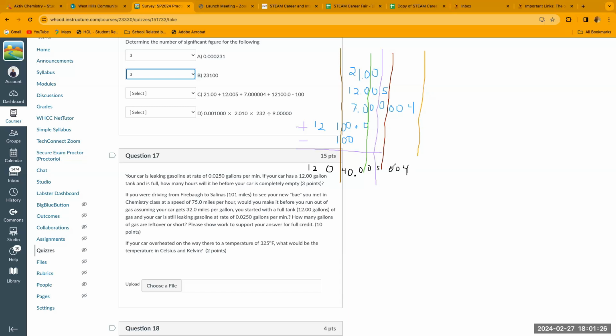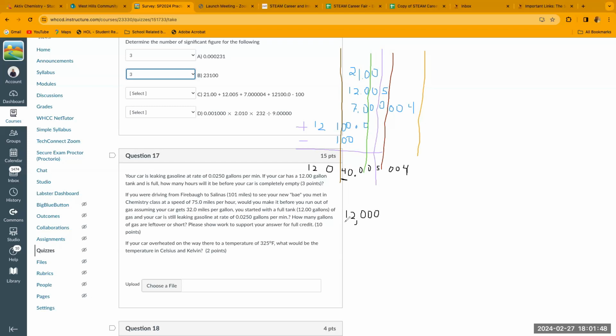Okay, so then we look at this number here to determine whether we're going to round it up or leave it alone. So in this case, we're going to leave it at 0. So then my answer should be 12,000, because I need my placeholders.